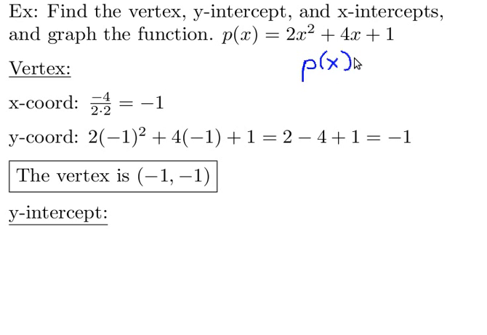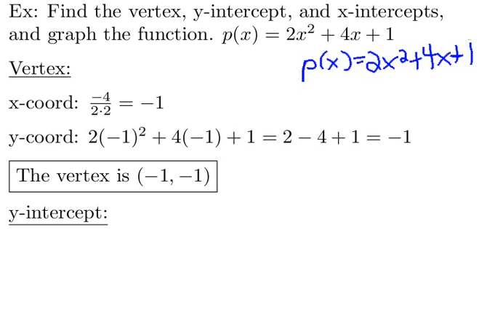P of x equals 2x squared plus 4x plus 1. Let's make it a little more clear.